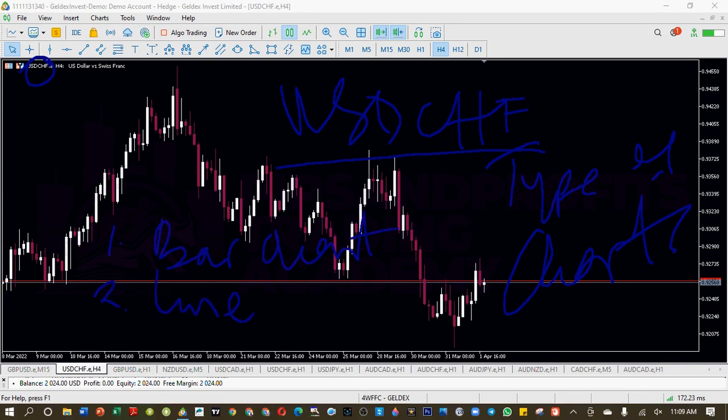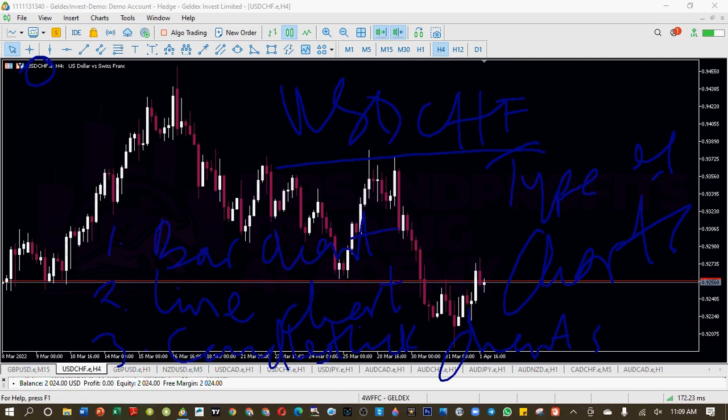The second one, we have a line chart. And then the third one, we have the candlesticks chart. So these are the three basic types of charts we have.